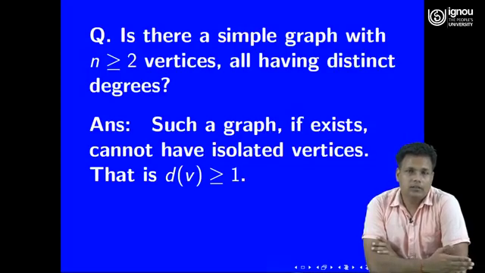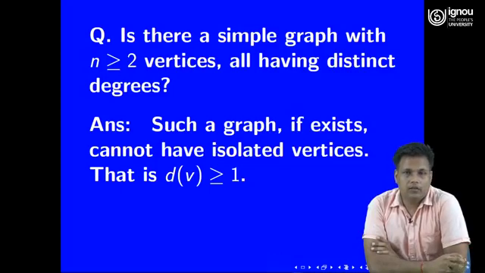So here we have n minus 2 degrees and n minus 1 vertices, so some vertices must get equal degree, which is not possible.